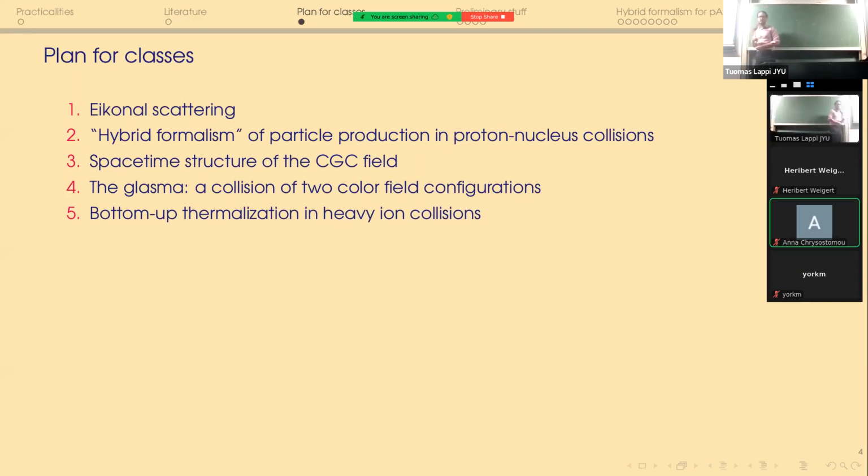This, of course, is very important for QCD, because that's what gluon saturation is. A proton or nucleus has so many gluons that they can be viewed as a classical color field, and you're probing this in a high energy condition. So this is the CGC.